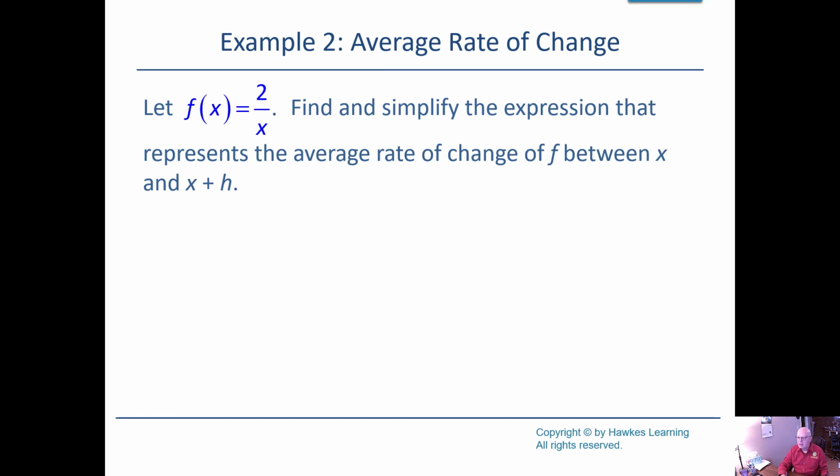Next, how about this one? Average rate of change, and we're talking about f. F is 2 over x. So what does that look like? We want delta y over delta x. And we want to go from x to x plus h.